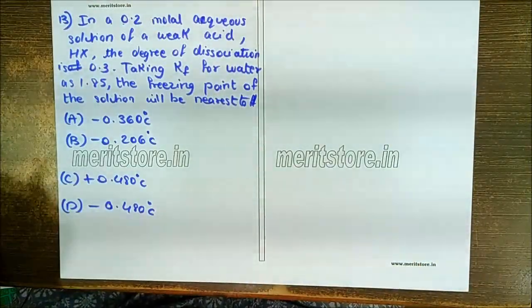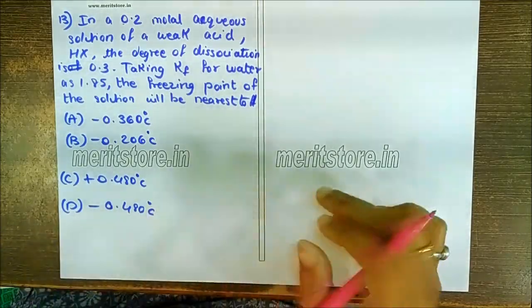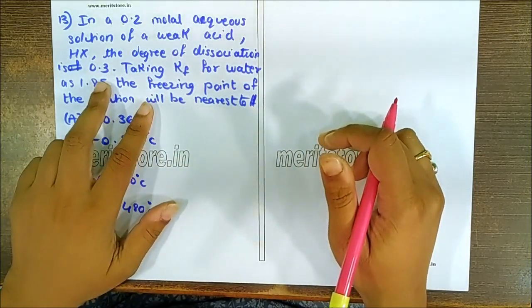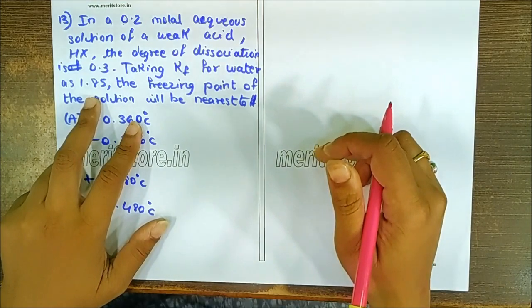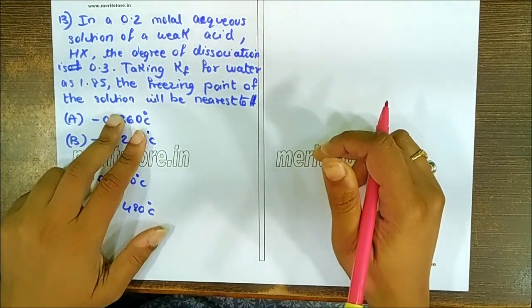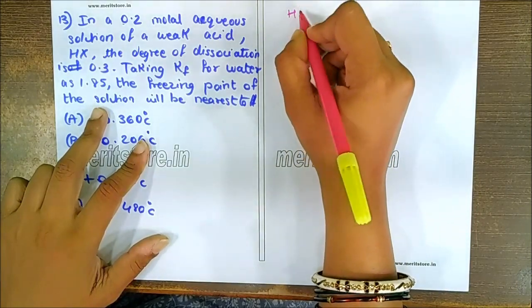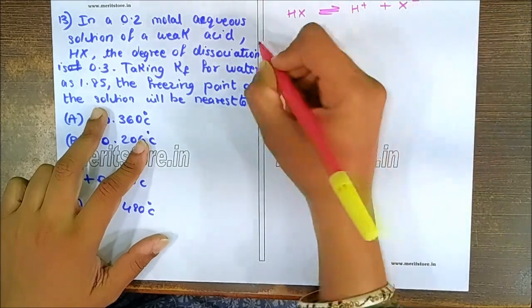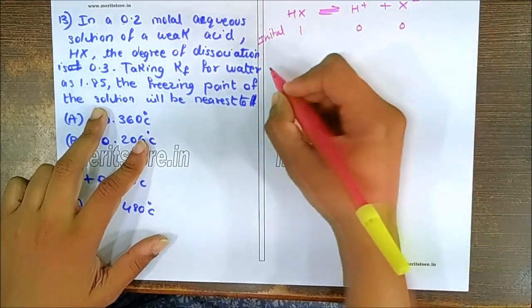Question number 13: in a 0.2 molar solution of the weak acid HX, the degree of dissociation is 0.3. Taking Kf for water as 1.85, we have to find the freezing point of the solution. Now when HX dissociates, we get H plus and X minus. Under the initial condition, we have 1 of HX, no dissociation.